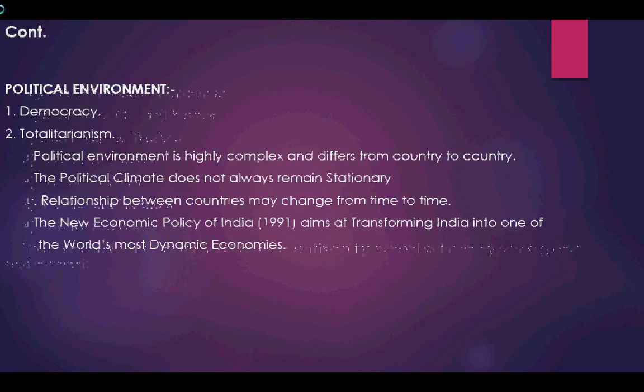Firstly, political environment: number one, democracy; number two, totalitarianism. Political environment is highly complex, which cannot be expected, and also differs from one country to another.